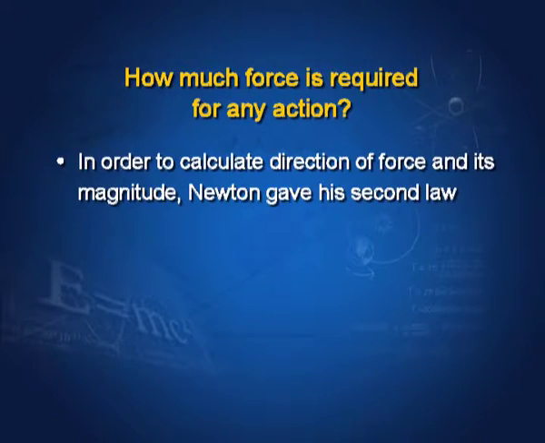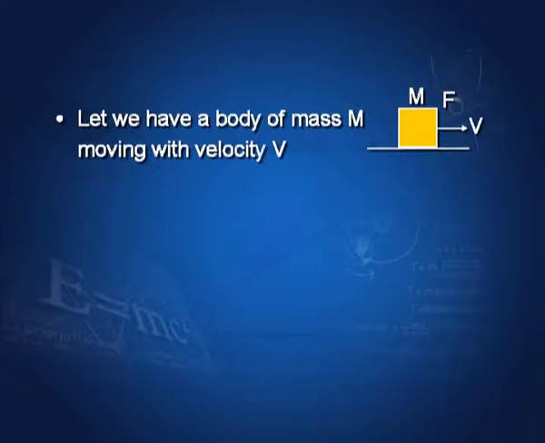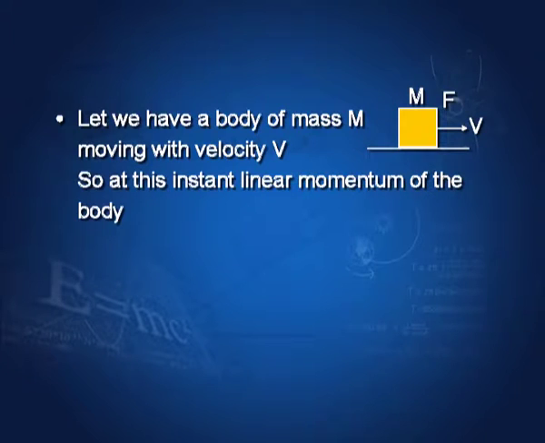Now, how much force is required for any action? In order to calculate the direction of force and its magnitude, Newton proposed his second law. It states that the rate of change of linear momentum is directly proportional to the force applied on the body. Let we have a body of mass m moving with velocity v. So, at this instant the linear momentum of the body is mv.